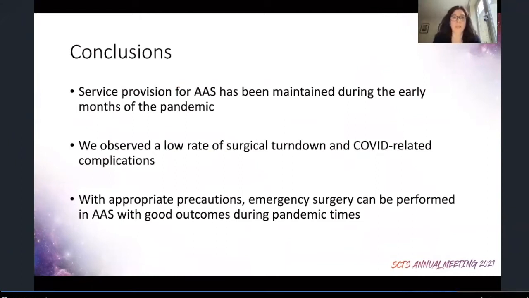So in conclusion, the service provision for acute aortic syndrome was maintained during the early months of the pandemic in the UK. We observe a very low rate of surgical turndown and COVID-related complications. And with appropriate precautions, emergency surgery can be performed in these patients, achieving good outcomes.